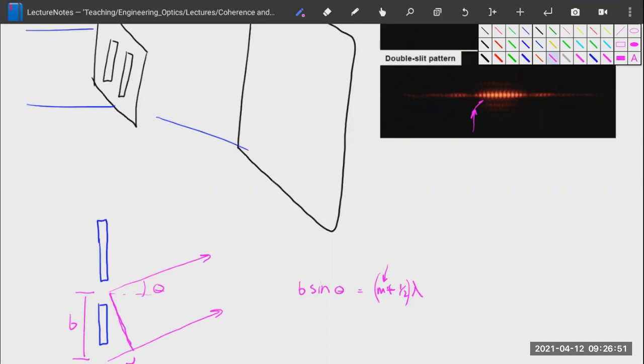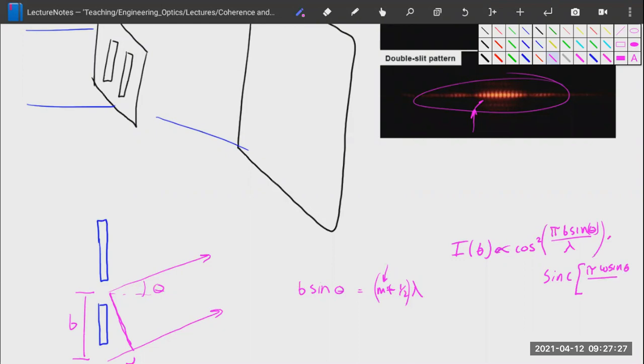And we can actually write out the formula for the intensity for this pattern here. The intensity, I, as a function of theta, is approximately cosine squared of pi b sine theta over lambda, times the sinc function of pi w sine theta over lambda.